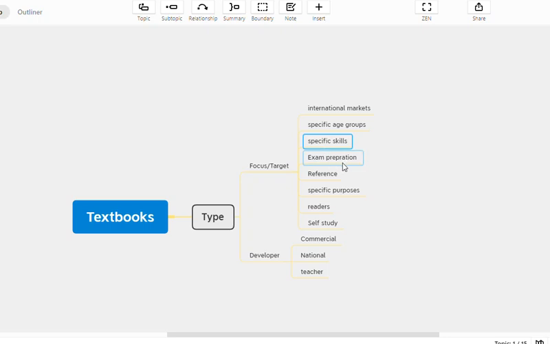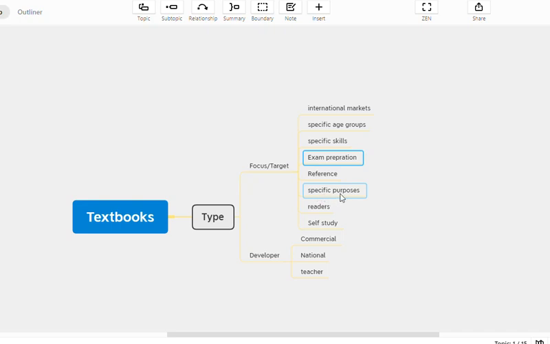Sometimes textbooks are developed to prepare students for exams. For example, TOEFL preparation, IELTS preparation, or concours preparation. Sometimes textbooks are used as a reference, for example, dictionaries or reference books.